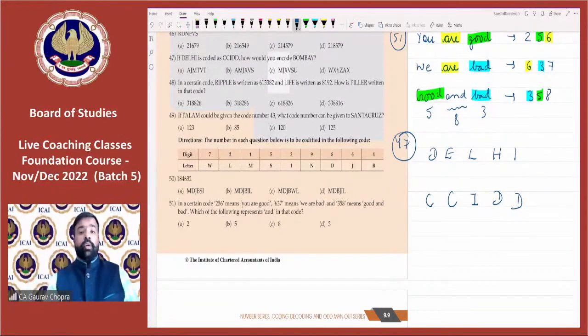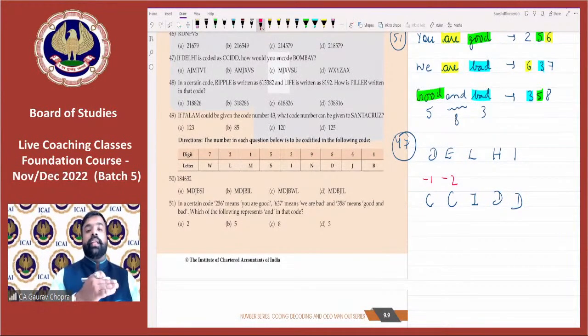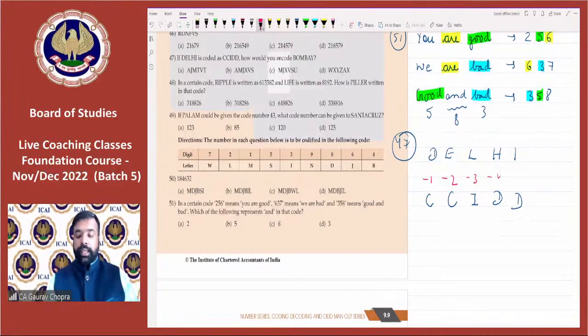From D to C, we are going backward. How much back? Minus 1. E to C, minus 2. L to I, so I, J, K, L, that is minus 3. H to D, minus 4. I to D, minus 5. So this is the logic. From Delhi to CCIDD, we are having this reverse logic.